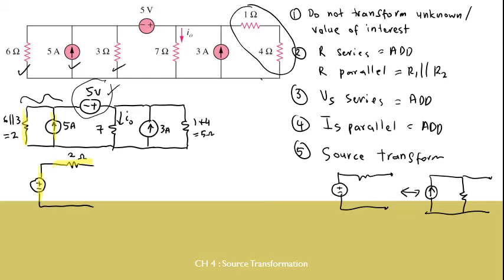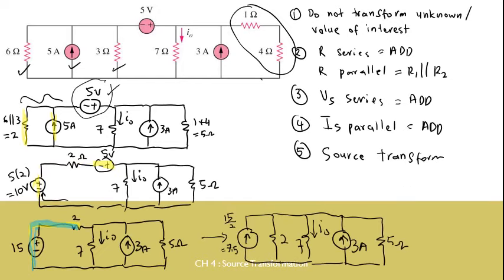So what is the value for your voltage? V is equal to IR. Here I is 5 amps times 2, then you will have 10 volt here. A 10 volt and 5 volt, you can add them because they are in series.